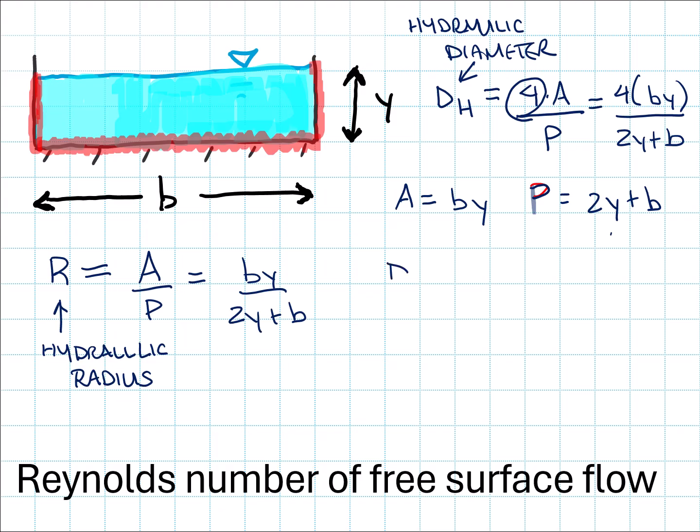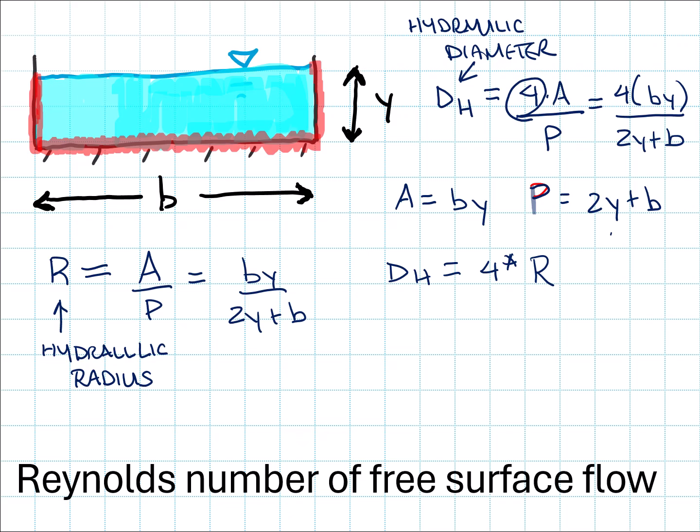So I can say that my hydraulic diameter is equal to 4 times my hydraulic radius. And you might be thinking, well, that's not fair. We're always going to calculate a bigger Reynolds number in an internal flow because we're using the hydraulic diameter as the length scale. And in a free surface flow, we're using 1/4 of the hydraulic diameter as the length scale. And you know what? You would be absolutely spot on about that.